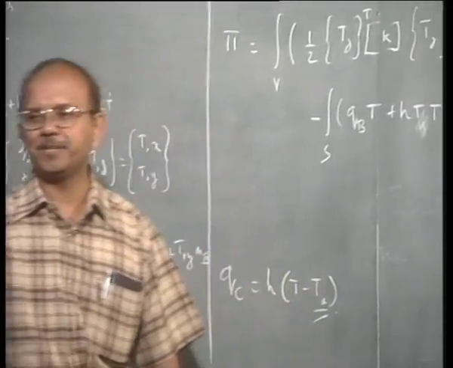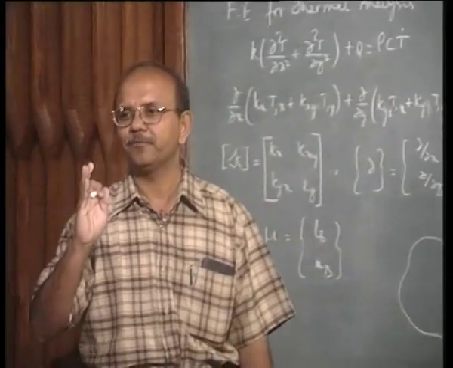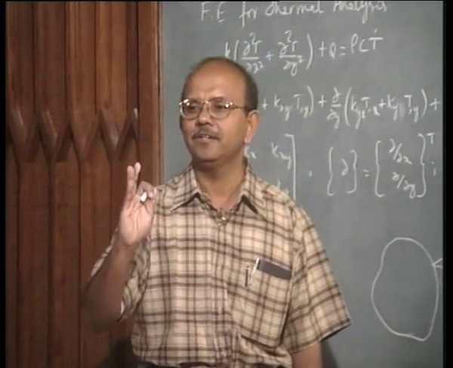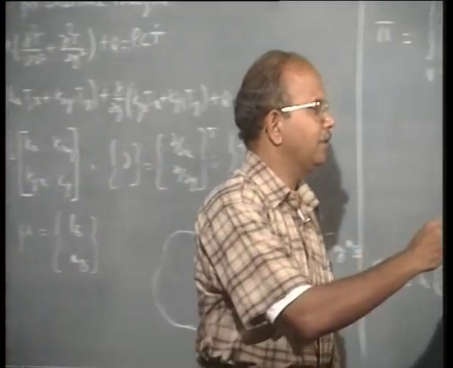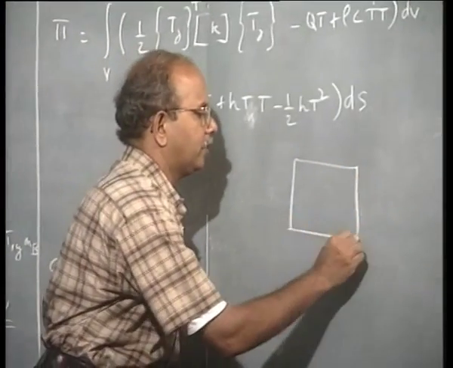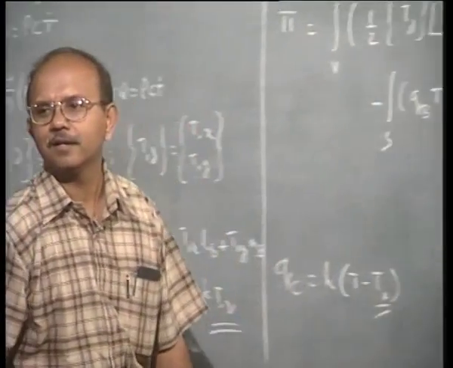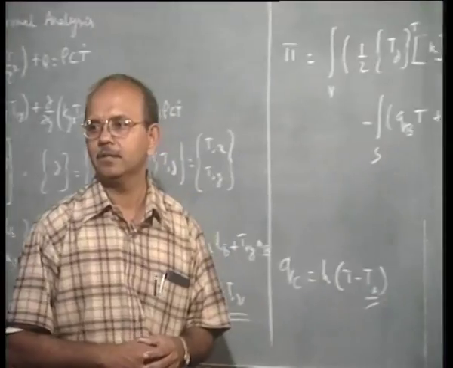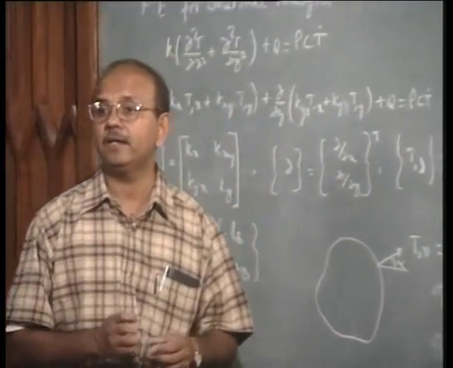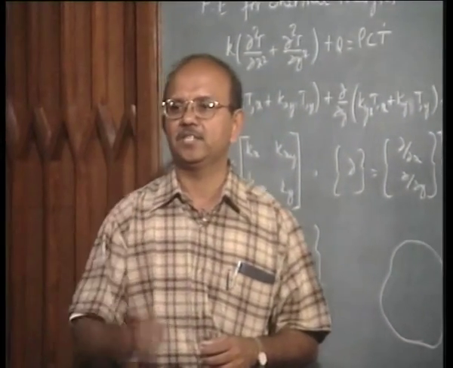Wait, you're jumping, let's go step by step. First thing is I have to write down T in terms of the nodal values. Now, what is the field quantity or variable here? In those cases you had U, V, W and so on. What is the variable in this case? Temperature. So the interpolation function or the shape function should be able to interpolate the temperatures.